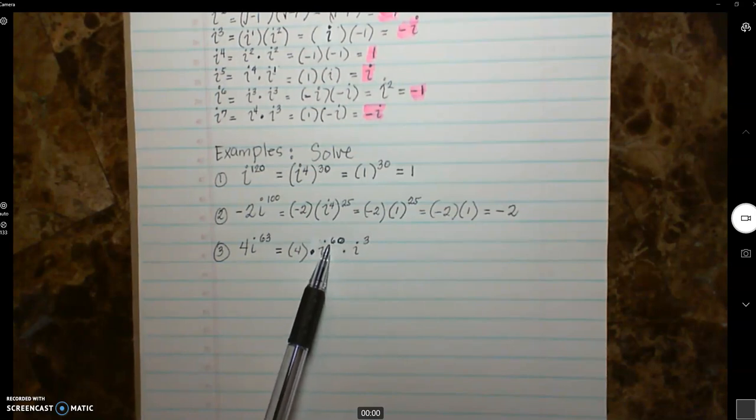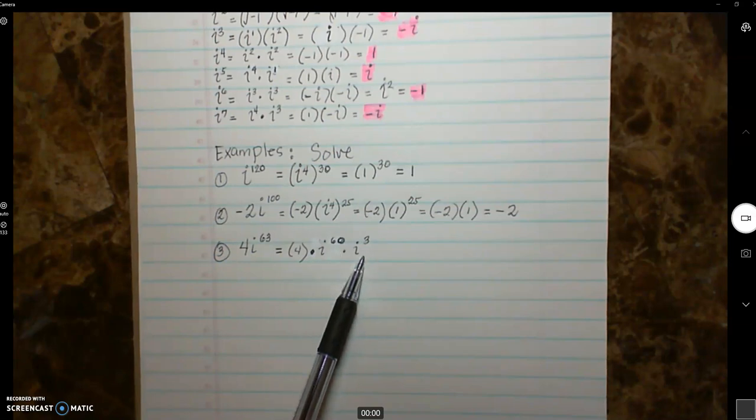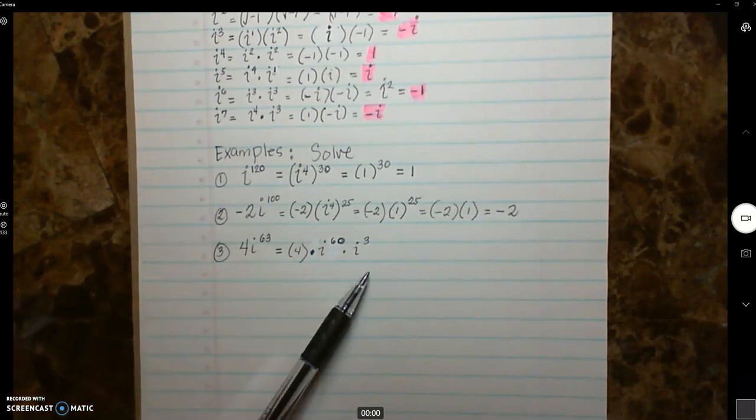I know that 60 is divisible by 4. So I know that it's 15 times 4. So now I can go ahead and do the power of powers like I did here on the 60, and then just leave this there, and use this information to get my value for i to the 3rd. Let's do it. Copy down the 4.